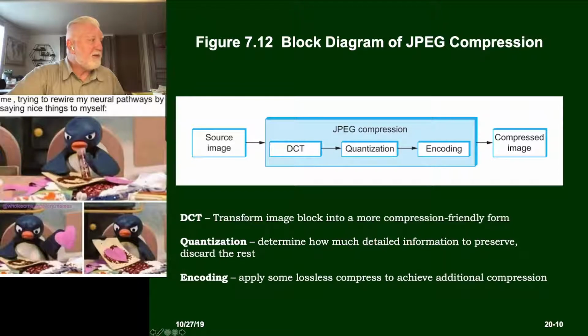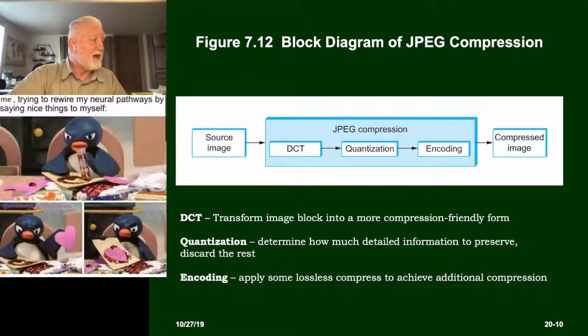This DCT is a transformation process that essentially changes the form of the data so that we can then do a quantization, which is the phase at which we decide what we want to let go of to save space. That's what the quantization is all about.